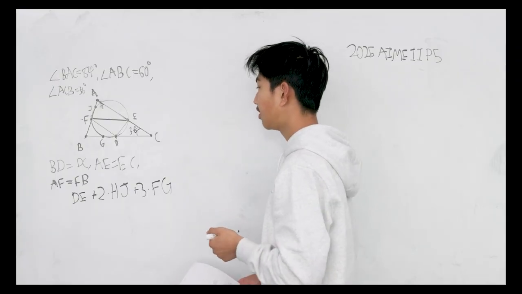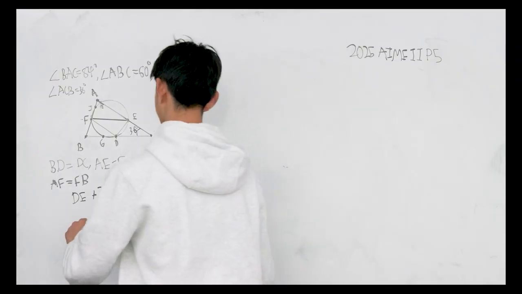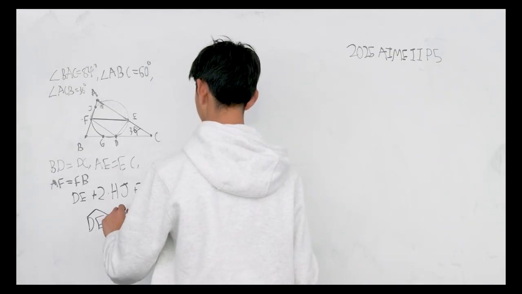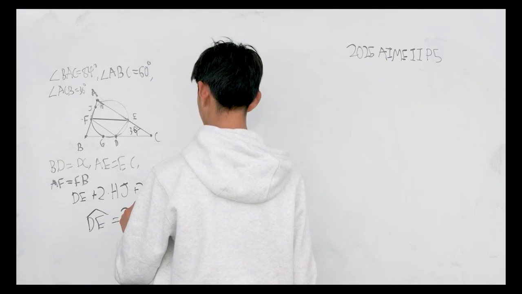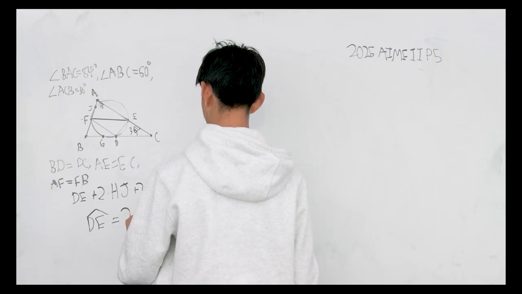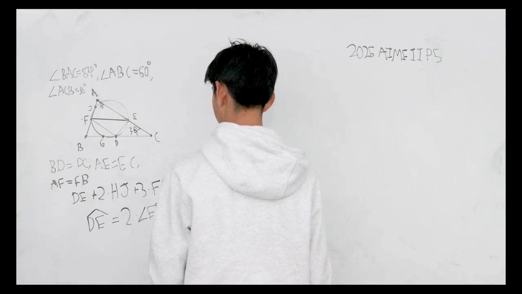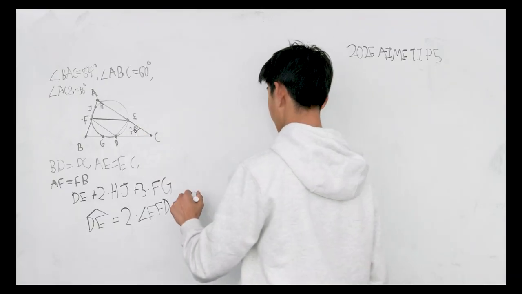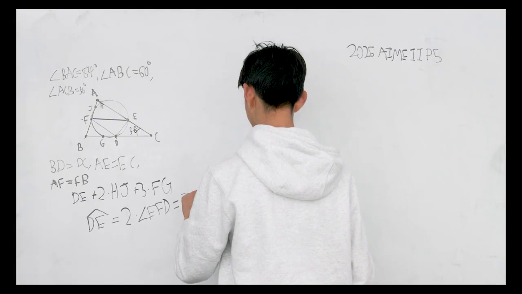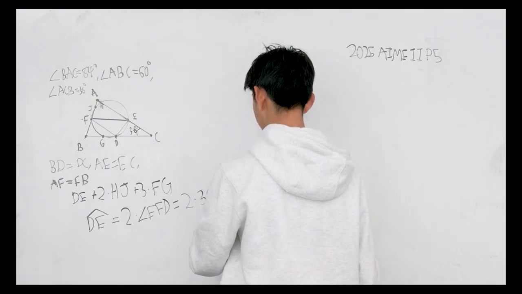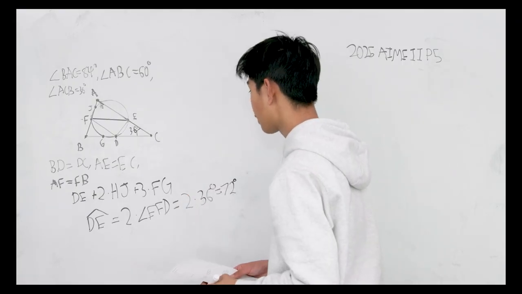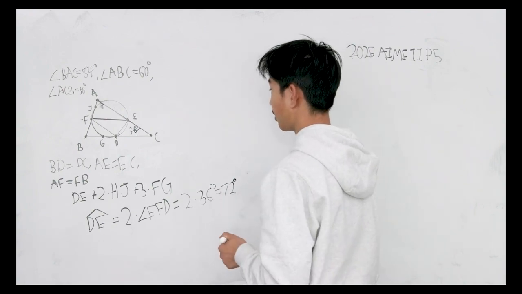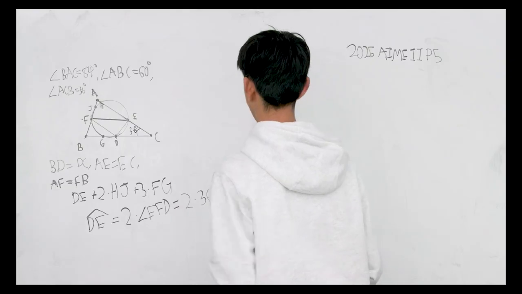We can derive arc DE from this angle because arc DE is equal to 2 times angle EFD, which is equal to this angle because of similar triangles. So this is 2 times 36 degrees, or 72 degrees. We also have an arc length FG, and an HJ.